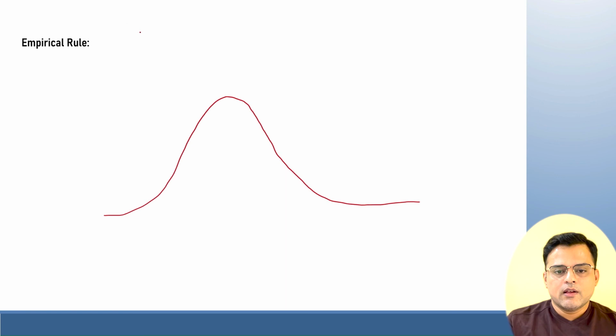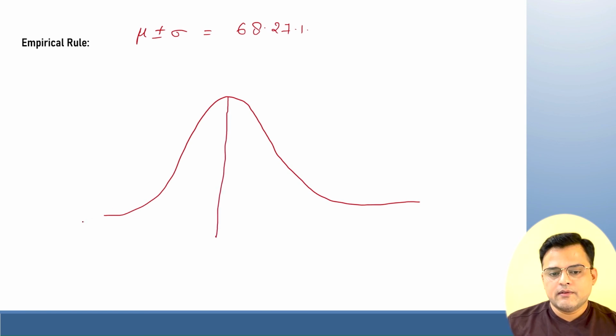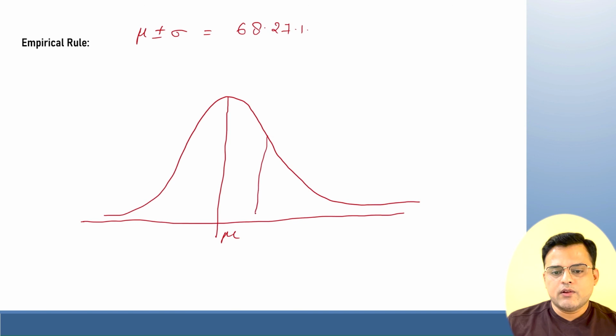So for example, if I go with 1 standard deviation, 68.27% of values, let's say this is my mean, this is mu. So 68% of the values, which is just a rough estimate, will lie within one standard deviation, which is mu plus sigma and mu minus sigma on both sides.